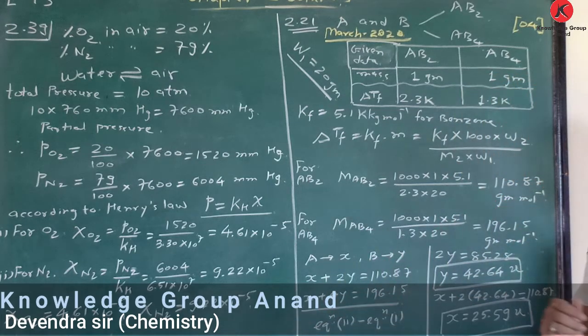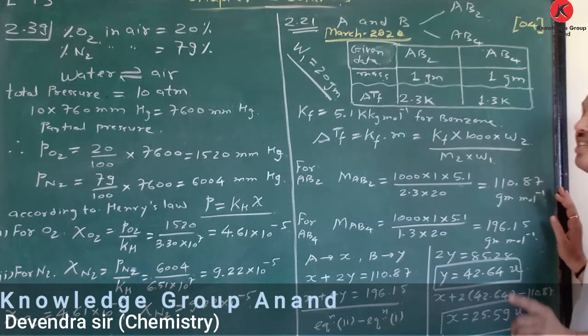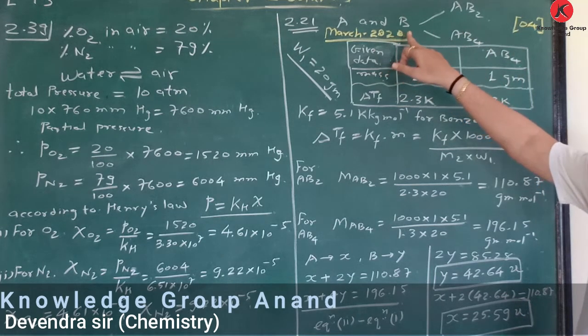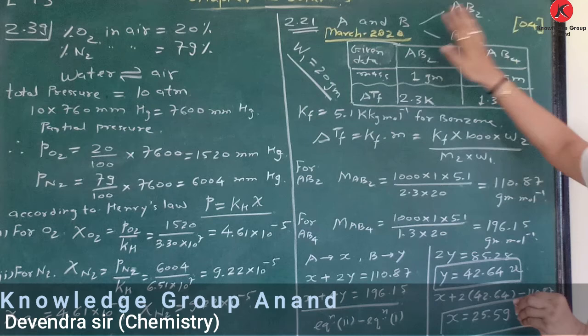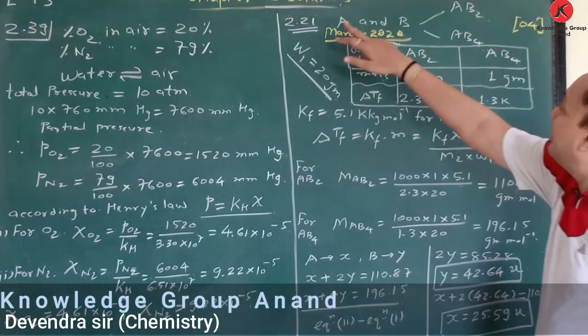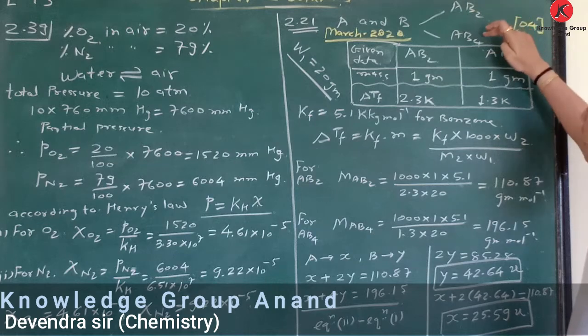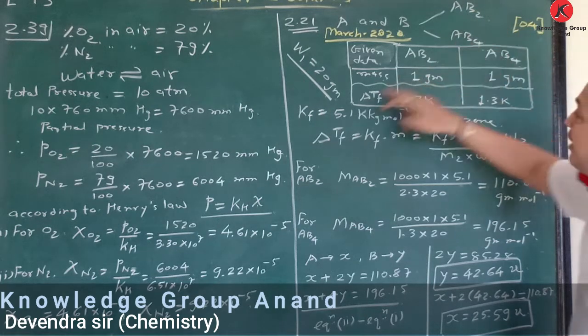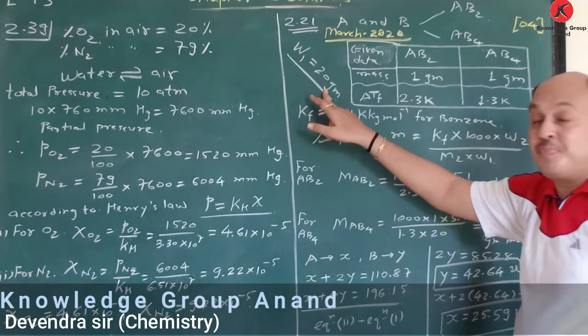Okay, now the last example, which was asked in your recent exam, March 2020, for 4 marks in section C. If you read the question, here is a short summary: A and B elements are there, which make AB2 and AB4 molecules. Here benzene is the solvent, which is 20 gram.